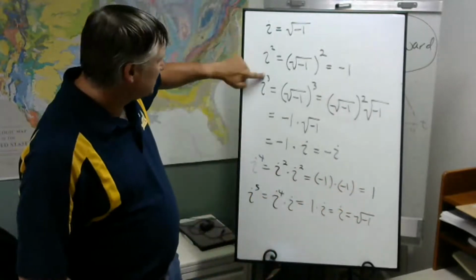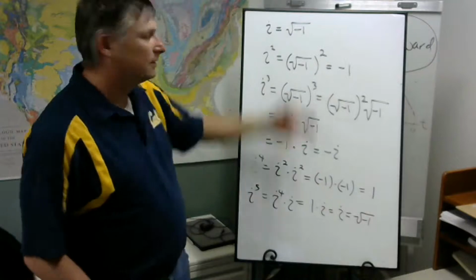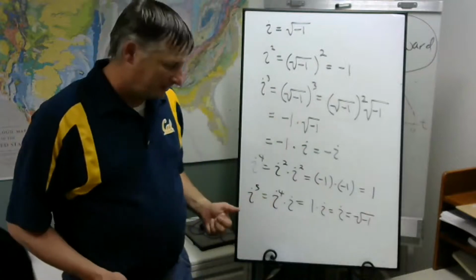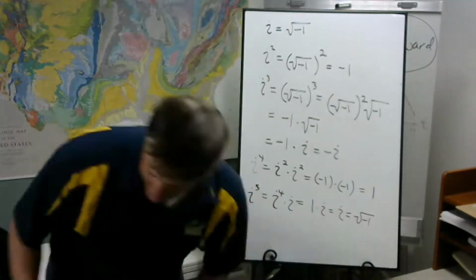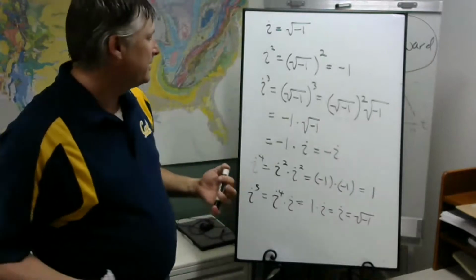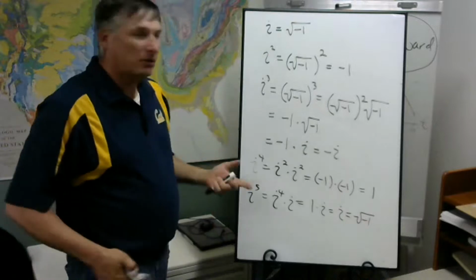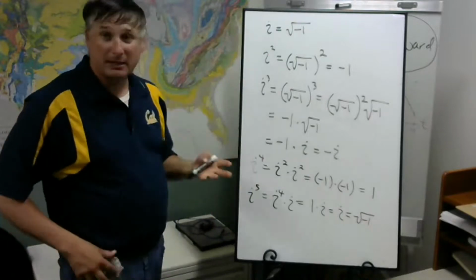So as we increase the powers on i, we just cycle through these results. So we can take a look at higher powers of i and rewrite them, compute them, using this knowledge of these beginning powers.